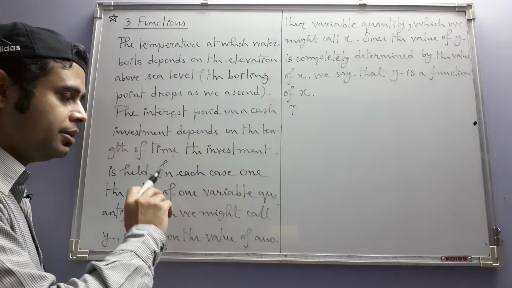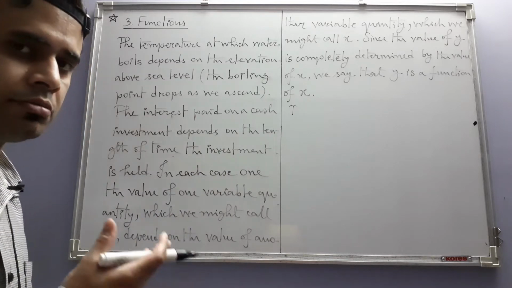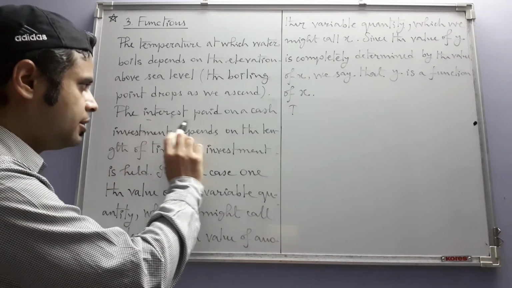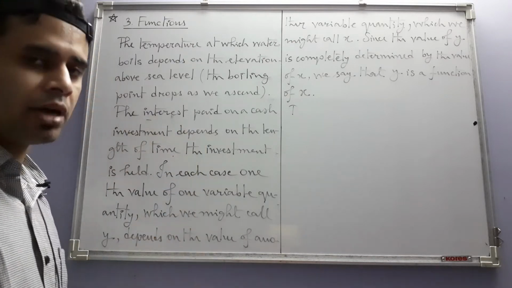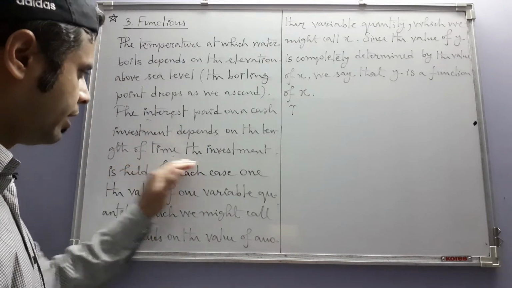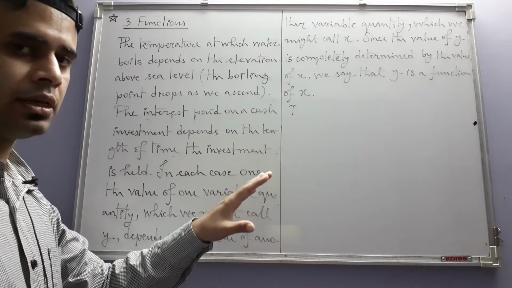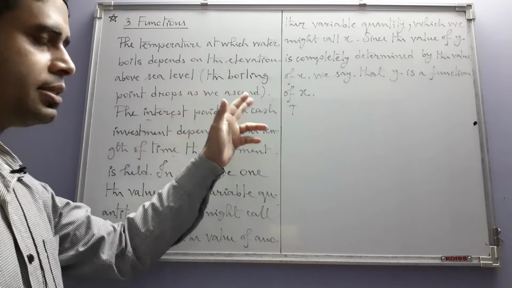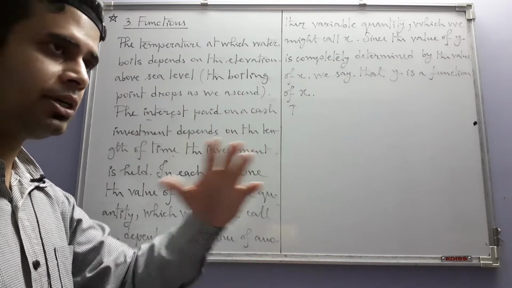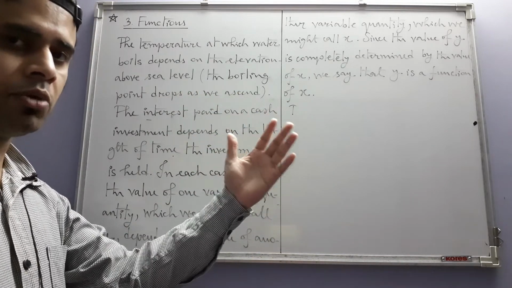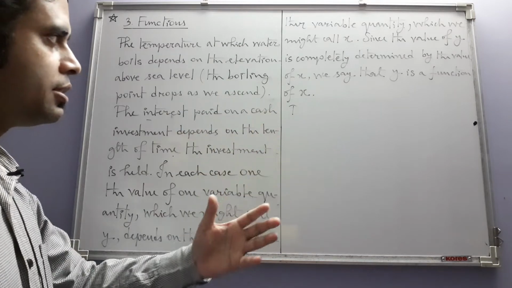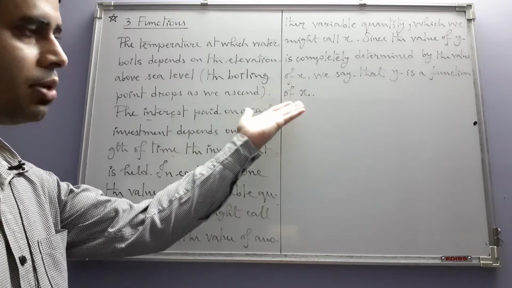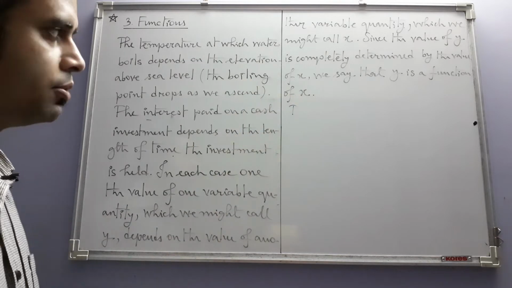The interest depends on the length of time for which the investment is held. So the interest is a dependent variable and the length of time is an independent variable. Just like that, elevation is an independent variable, and depending on the elevation we find the boiling point. So the boiling point is the dependent variable. y is the dependent variable and x is the independent variable.